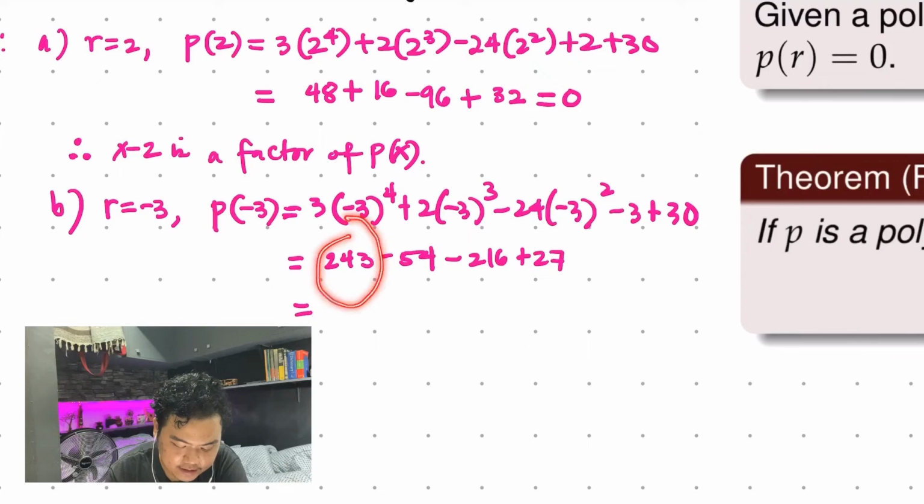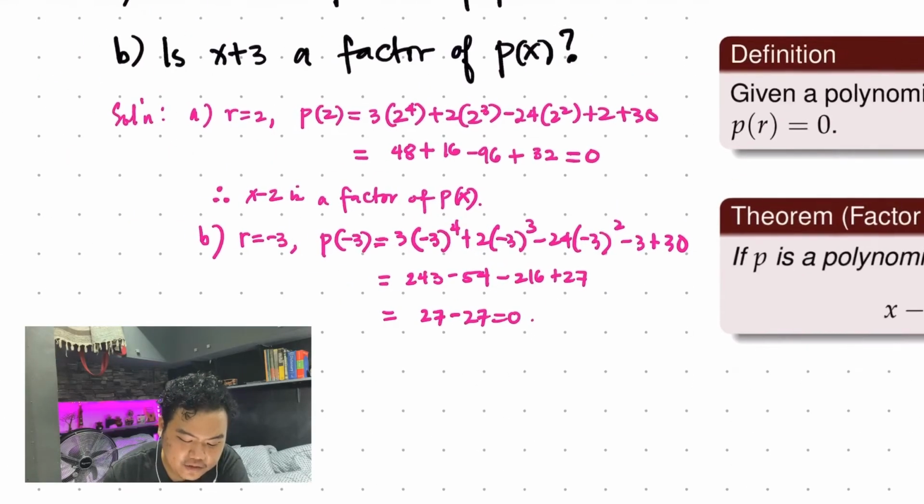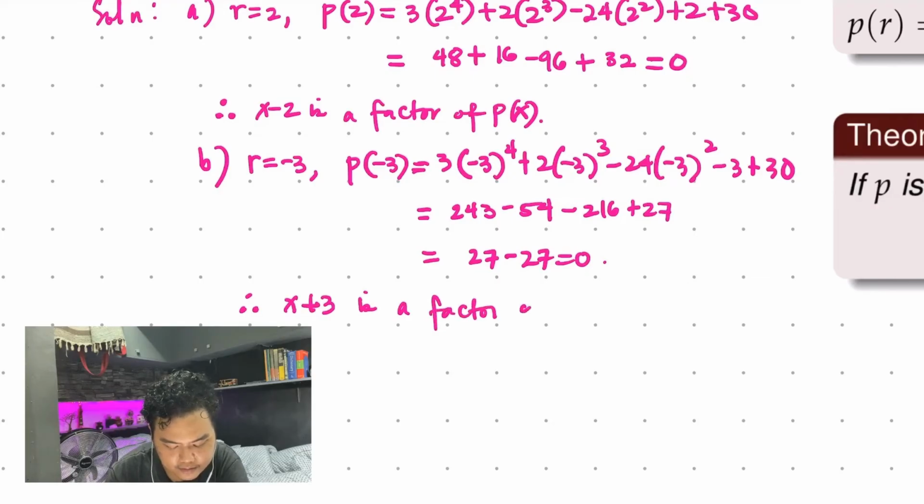Unti-unti natin na. 243 minus 54 is 189, minus 216 is negative 27, plus 27. Nag-0 siya. So, therefore, x minus negative 3 is a factor of p of x.